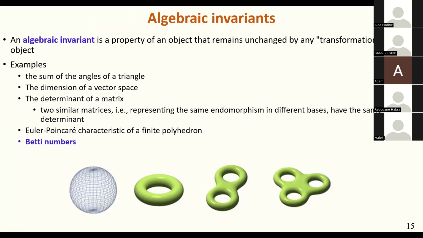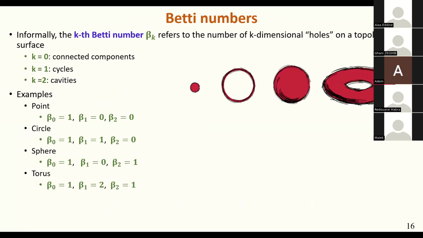Other examples are the dimension of a vector space, the determinant of a matrix, a characteristic called Euler-Poincaré, and what we call Betti numbers, which we are interested in. Informally, Betti numbers are the number of k-dimensional holes in a topological space.